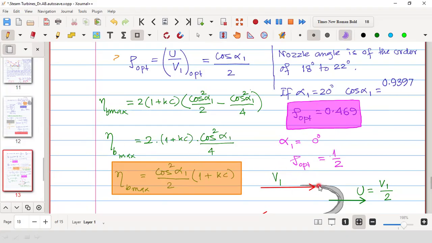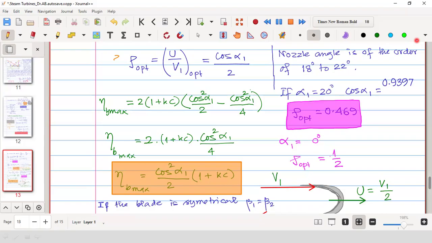Now, if the blades are symmetrical, that means beta 1 is equal to beta 2.